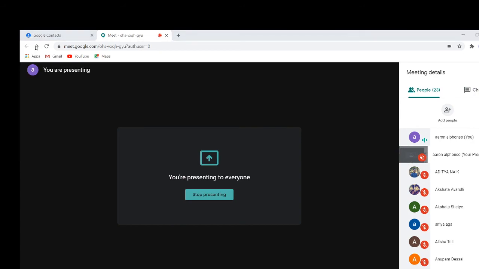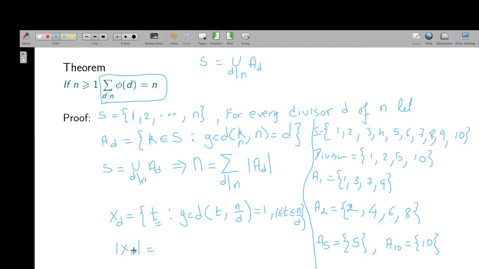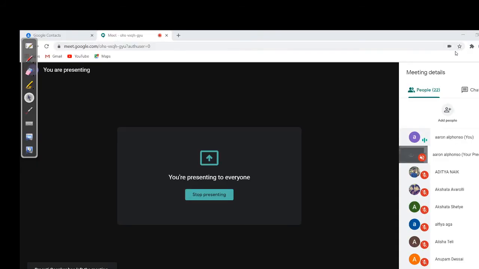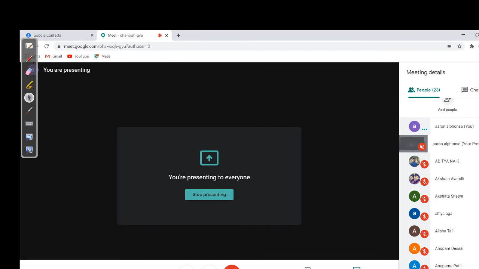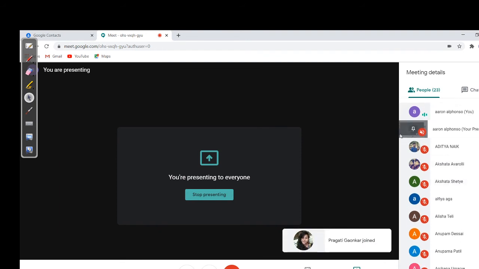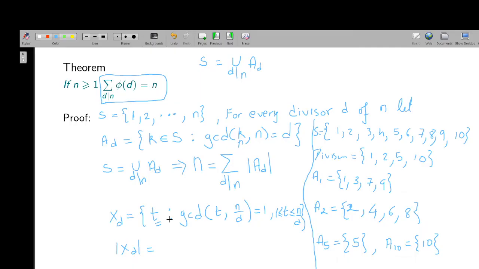Simran, do you know the answer? What is the cardinality of XD? Simran? Are you sure? Just look carefully and see. I'm sure you know the answer.